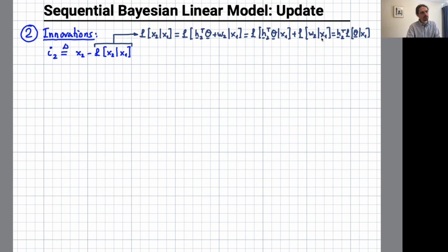Well, the reason is that X1 is a function of theta and W1, and both of them are uncorrelated with W2. And regarding this term, we just apply equivariance to linear functions of the parameters.